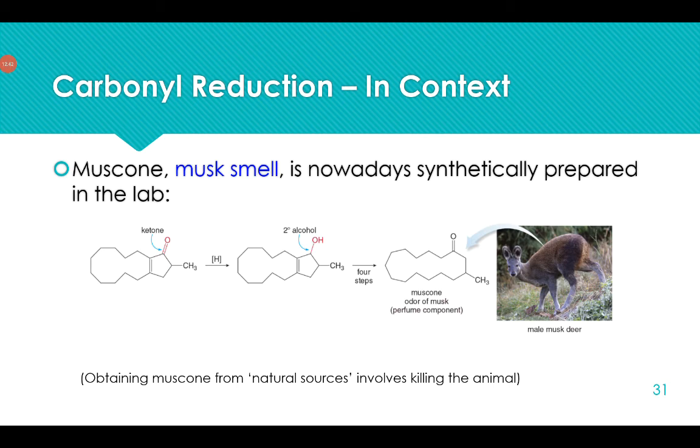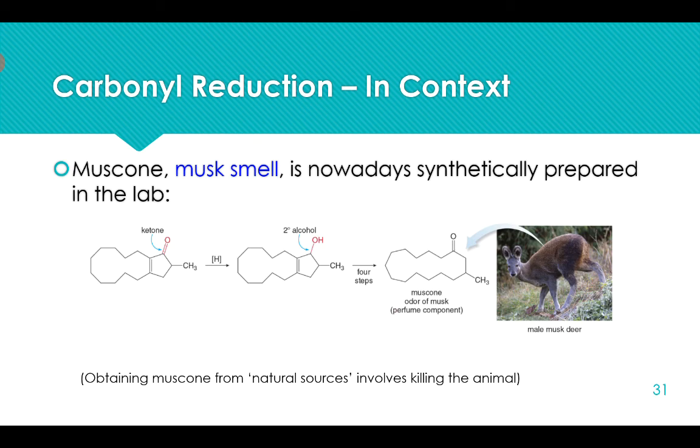So chemistry likes to save lives in ways that you might not realize. This is muscone, sorry. We can synthesize muscone, which is the odor of musk for the perfume industry.